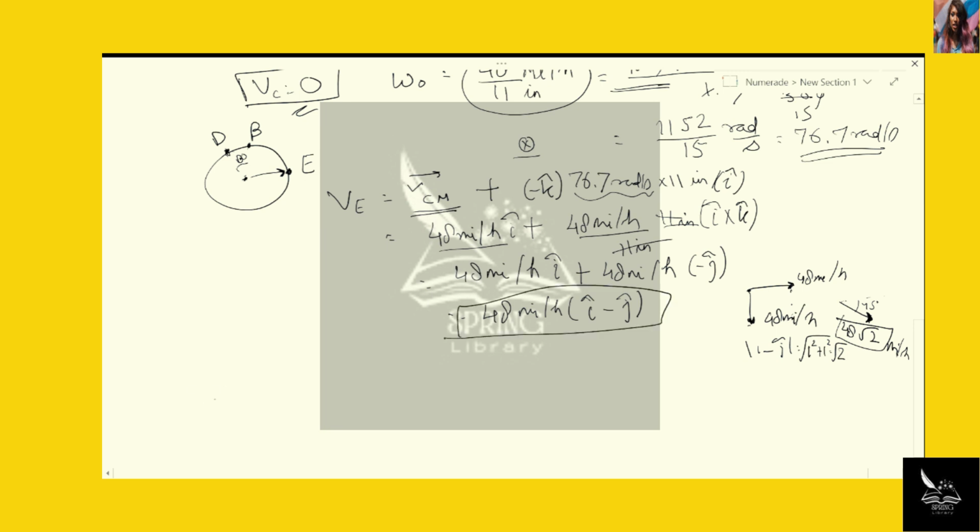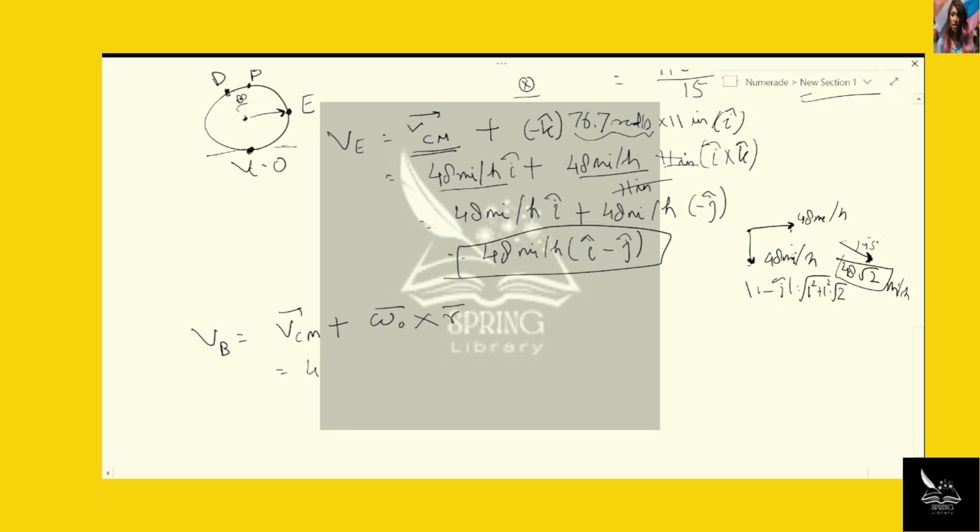Let's find VB. Since the velocity at the point touching the ground, VC, is 0, you can imagine what the velocity is going to be at point B, but let's just calculate it for the sake of it. So VCM plus omega cross R. VCM we know is 48 miles per hour, plus omega naught, as we said, is 48 miles per hour over 11 inches.